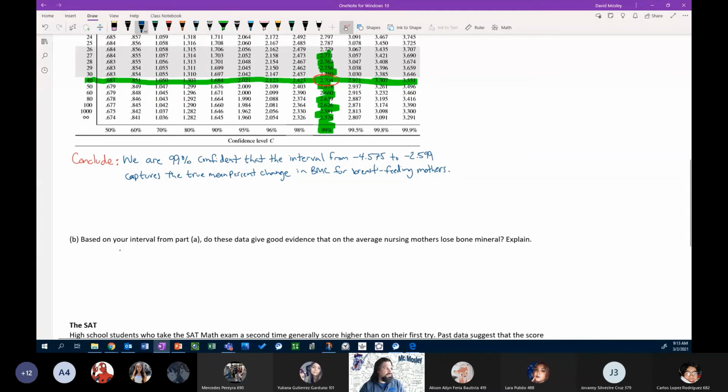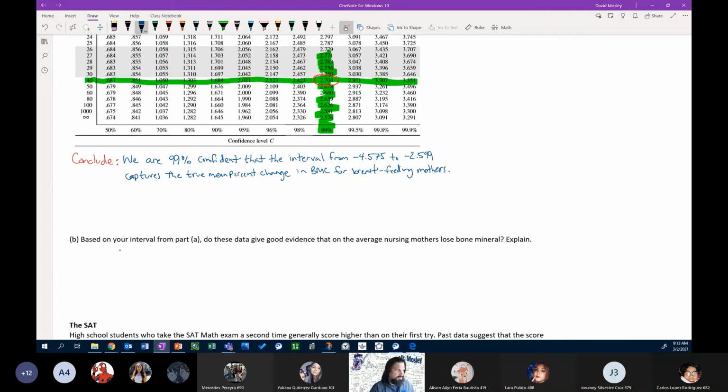All right, so then based on our interval from part A, do these data give good evidence that on the average nursing mothers lose bone mineral? Okay, and yes, the short answer is yes.